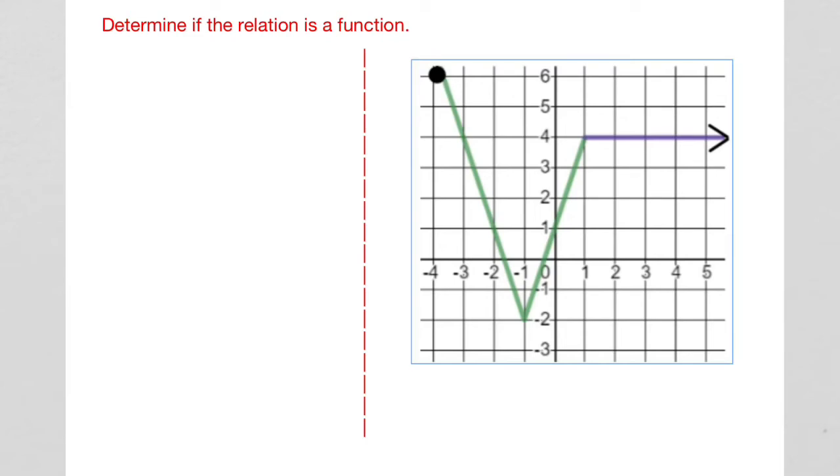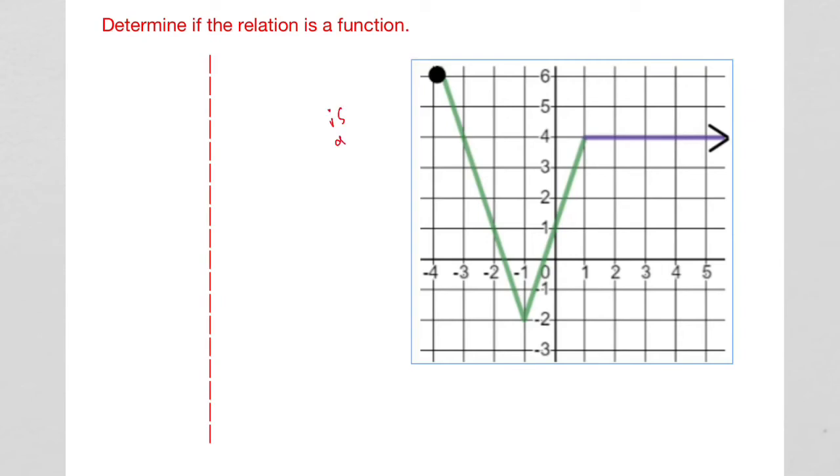Here I'm going to start moving this, and you can see that as I move this, the line is only touching the graph at one particular spot. So here you can see that this passes. So we're going to say this is a function.